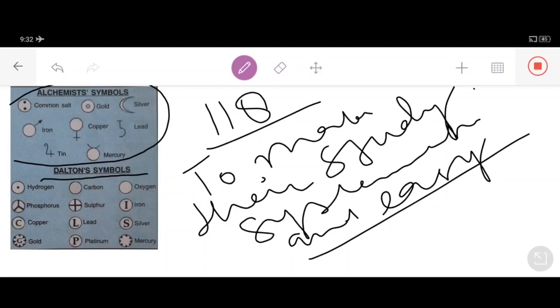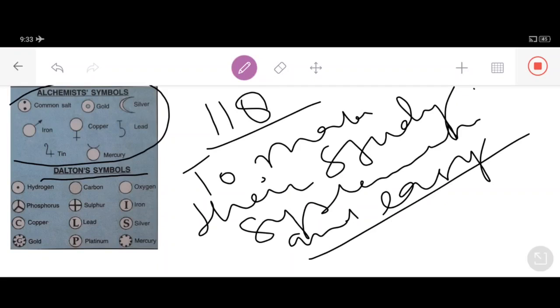So now today's topic is Dalton symbols. Let me tell you before discussing these Dalton symbols, last time I told you, dear students, that some elements are named after their discoveries or to honor some people or places.